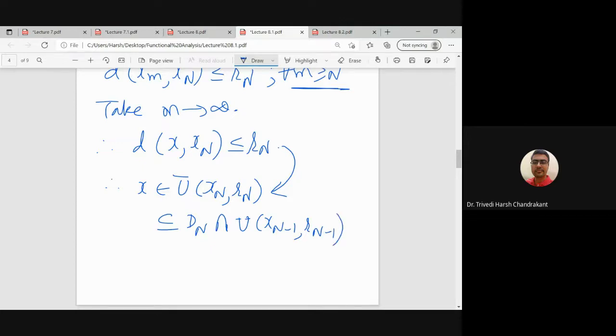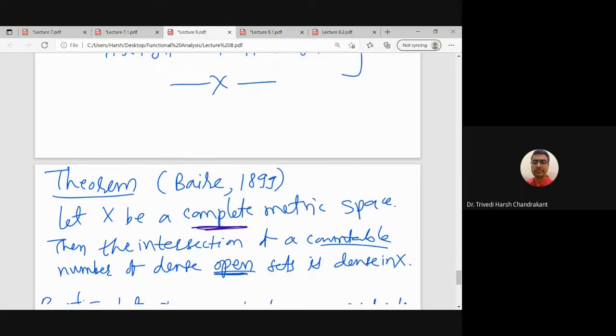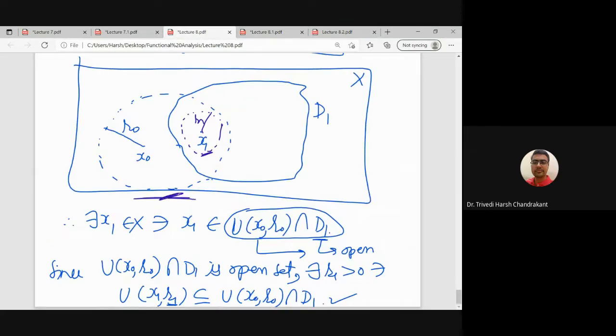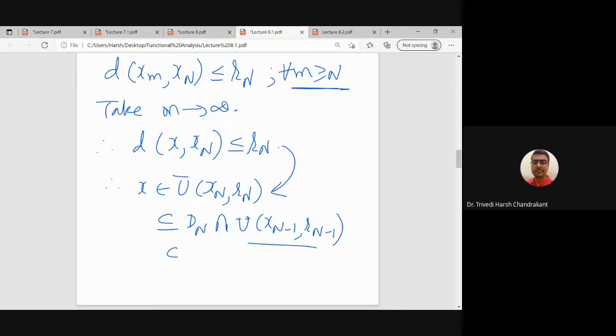And if we take this index, we know that each bigger disk contains the next. Each ball x1 R1 is contained in x0 R0, x2 R2 is contained in the x1 R1 ball, which is contained in the x0 R0 ball. So that means it is contained in x0 R0.